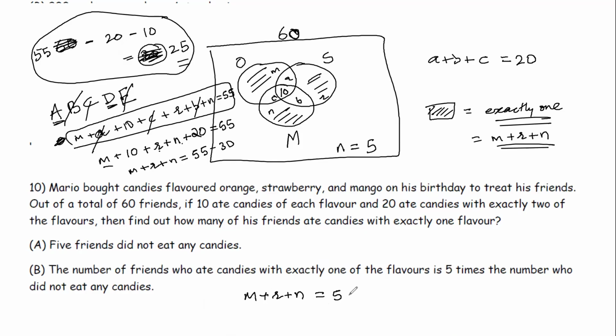I'll use a different variable, P. So let the number who did not eat any candies be P, and exactly one is 5 times P. We don't know the P value from statement B, but we do know that A plus B plus C is 20 from the question stem, and that this is 10.